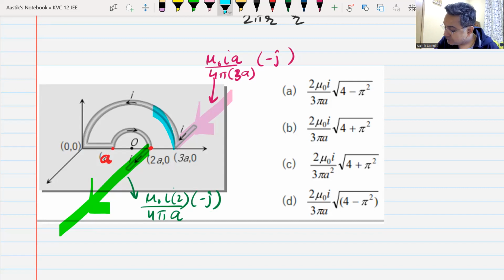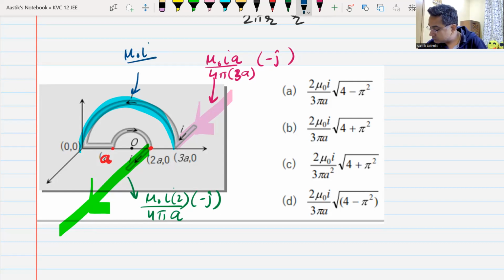Now let me come to the field due to this wire. This wire is the blue wire. Mu naught I, 2 by 4 pi 3A. Yes, 3A by 2.